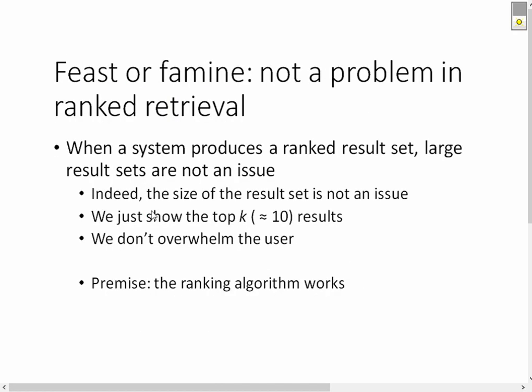So feast or famine, no longer really a problem because it's not an exact match that we're getting in the ranked retrieval. What we're basically saying is we're going to rank the results based upon how similar they are or how well they meet it. Not whether or not they exactly meet it or don't exactly meet it, but if I match one term and that's the only one that I have a match on, well, I'm going to return that document.